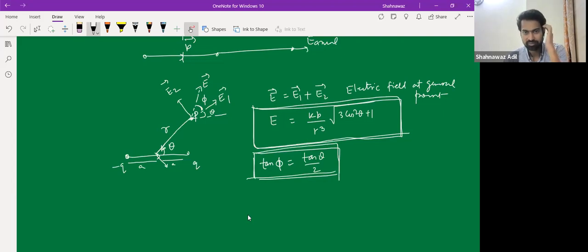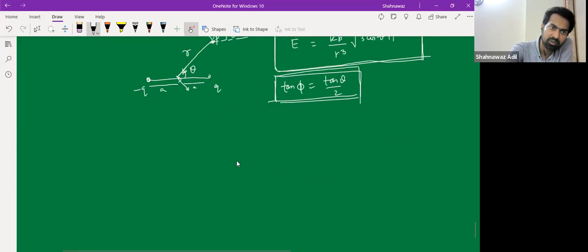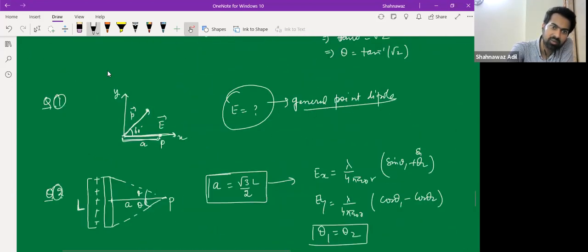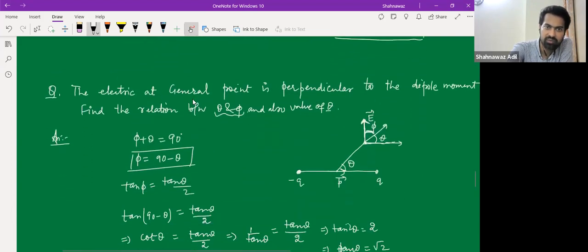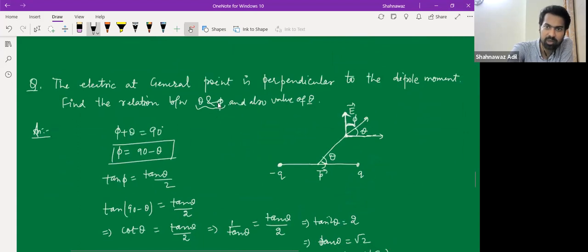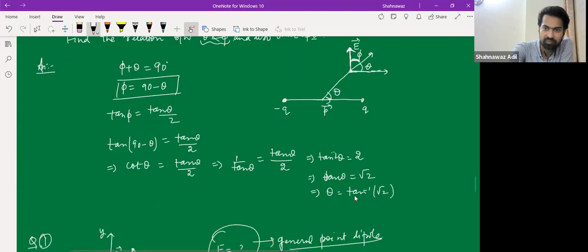I have done 2 questions based on this. One was: the electric field at a general point is perpendicular to the dipole moment; find the relationship between theta and phi. So we used this tan phi relation and then calculated theta.